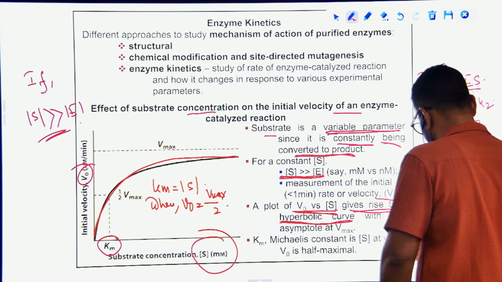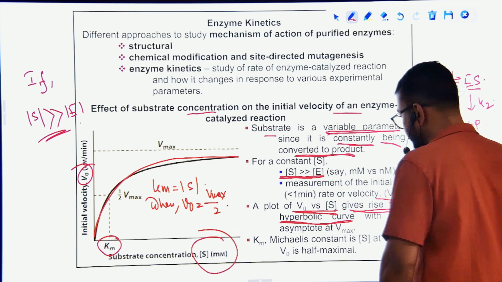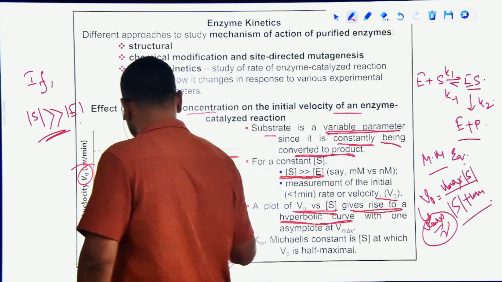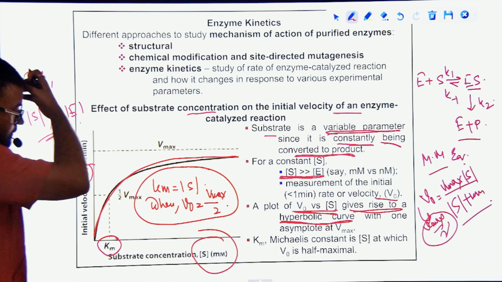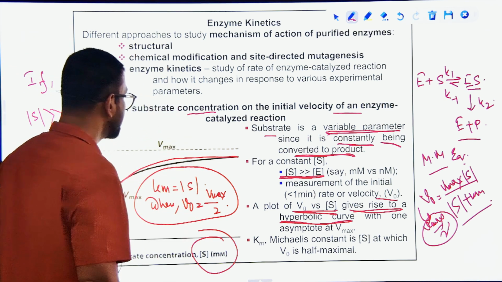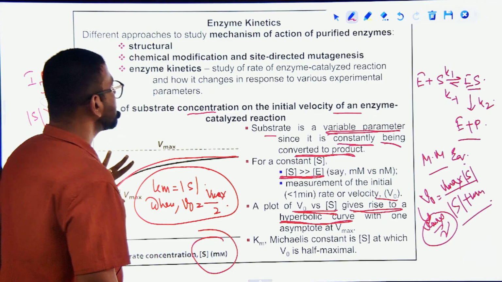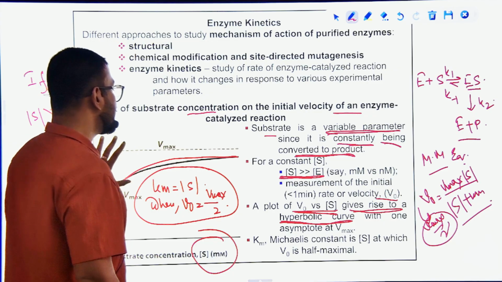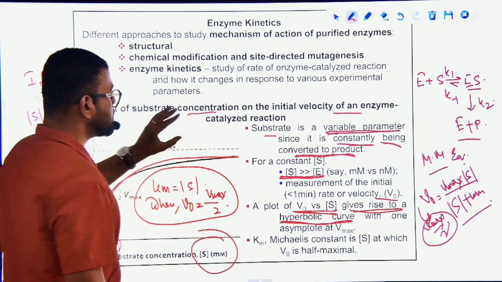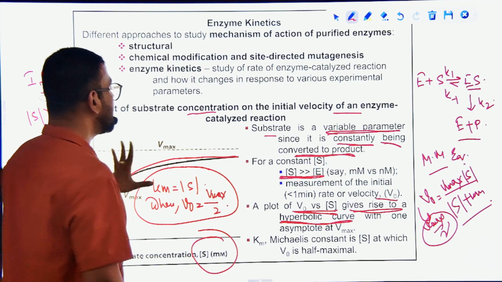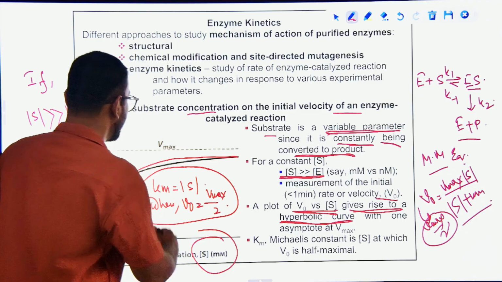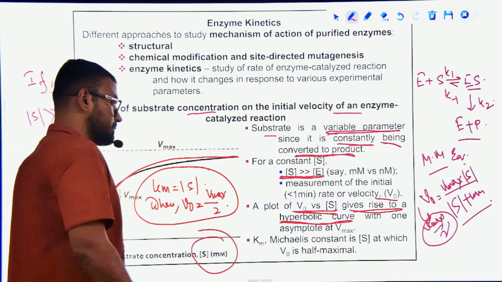Let's plot V equals Vmax by 2, and then we will receive something like this. This is the typical example of an enzyme-substrate reaction. When substrate is much greater than enzyme concentration, we receive a hyperbolic curve, and Vmax is the ultimate velocity.